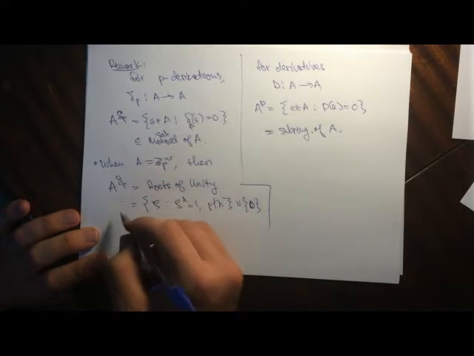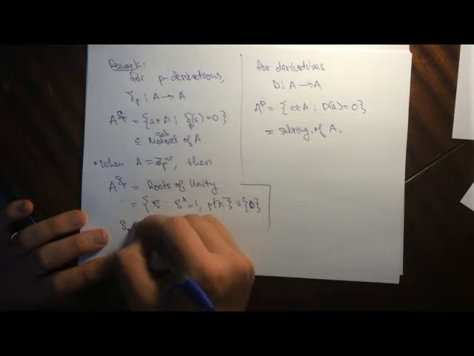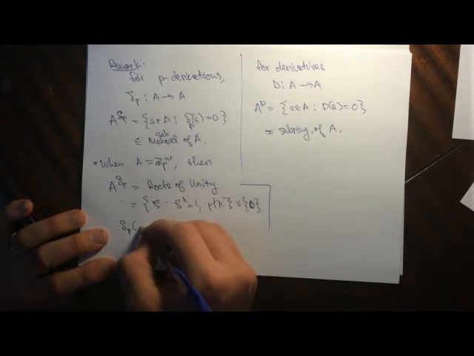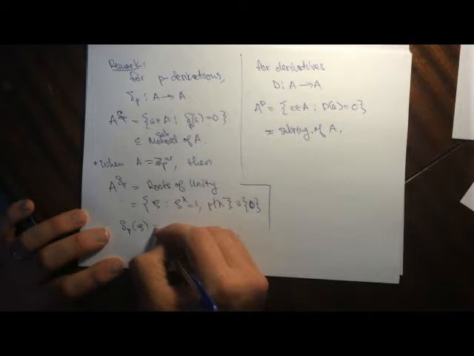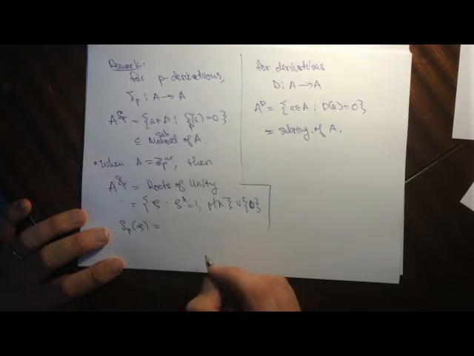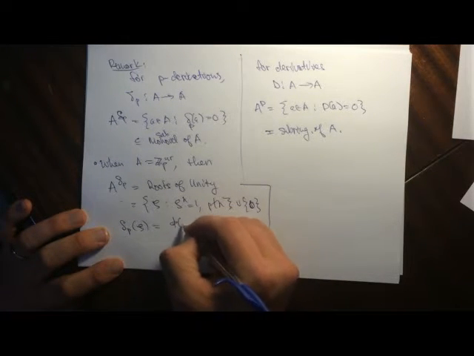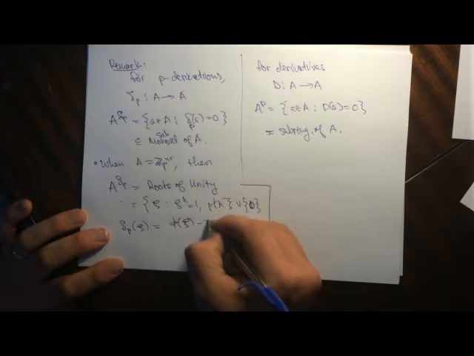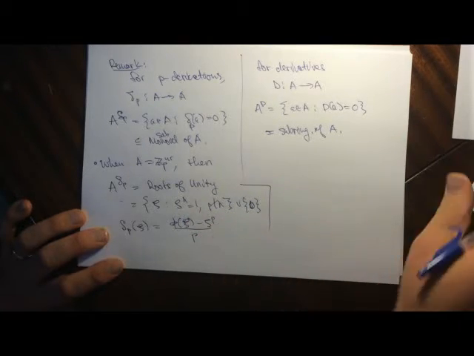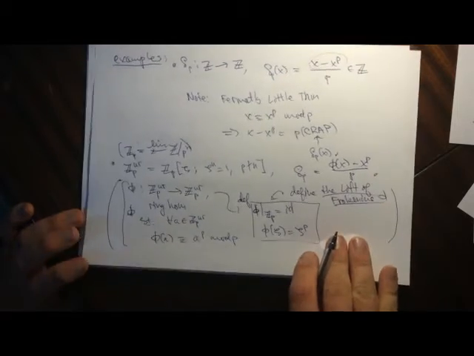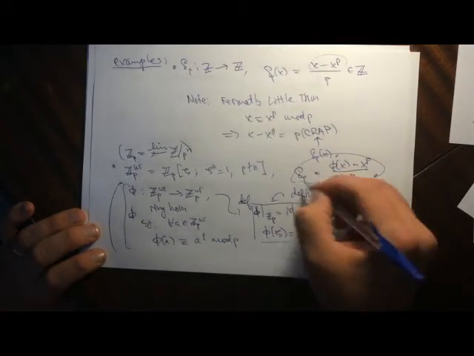Just look at delta p of some root of unity. By definition, this is just this minus this to the p, divided by p. That was what we defined here.